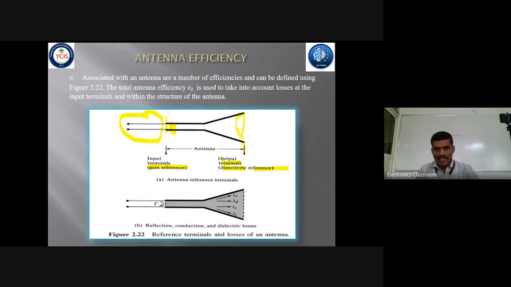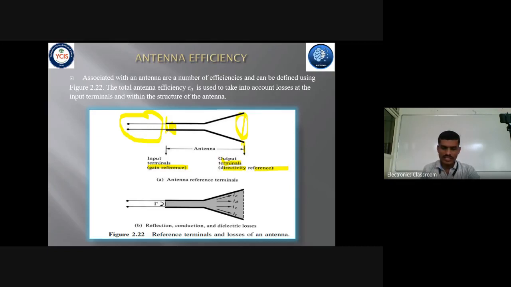When directivity is calculated, at that time we had considered what is radiation intensity. Sorry, radiation efficiency or intensity? What should be considered for the calculation of the directivity?